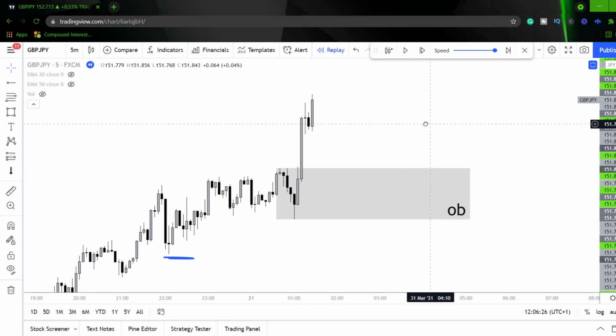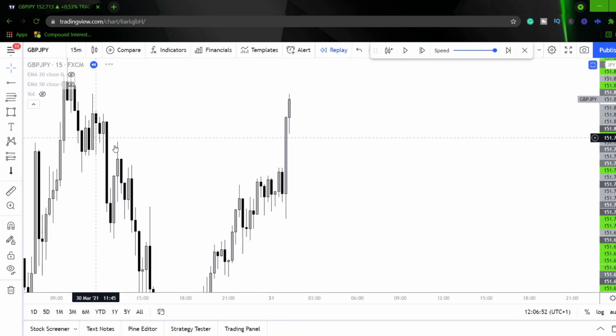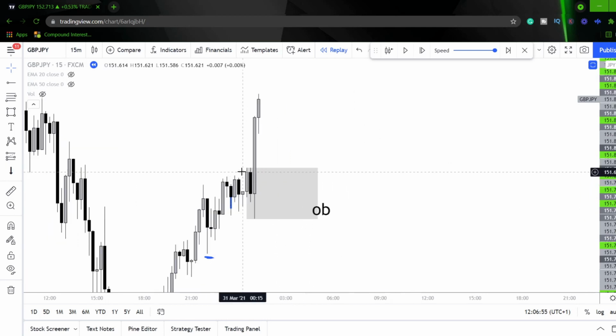But what you've got to also appreciate is that the Forex market, or the way that we view the market, is fractal. Okay, so basically what that means is that we're viewing the same price action on different time frames. So this move, where it starts here to here on a 5-minute time frame, is made up of 3 or 4 candles. If I move out to a 15-minute time frame, then the price is going to be made up of 2 candles.